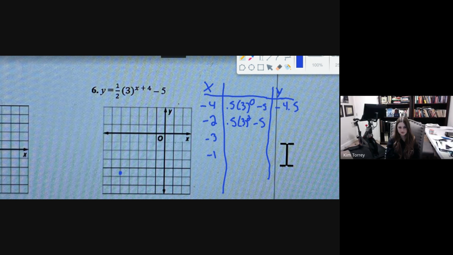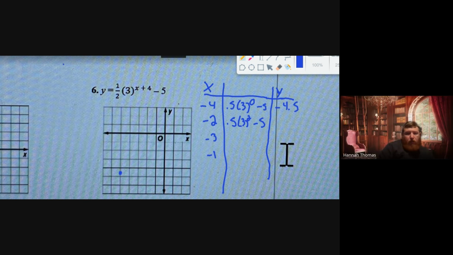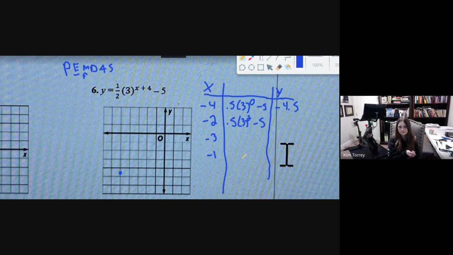Don't forget to follow the order of operations: parentheses, exponent, multiplication, division, addition, subtraction. You just did the exponent, so now you do multiplication. So 0.5 times 9, and then you do subtraction.